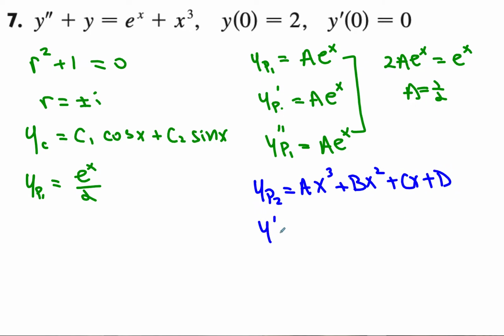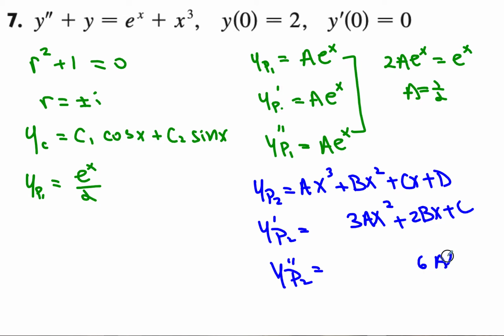And then y prime becomes 3a x squared plus 2b x plus c. And y double prime becomes 6a x plus 2b. Now, what I'm going to do is add up the first one and the third one, because that's what's happening here, and then it has to satisfy this one.